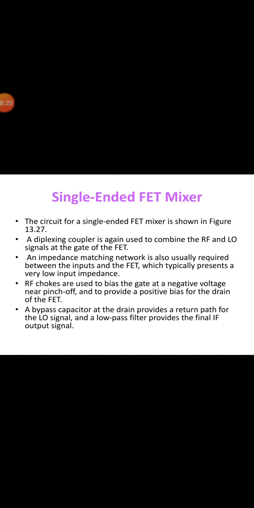The desired down conversion result is due to the n equals 1 term of the Fourier series, so we only need the G1 coefficient. Measurements physically give a value in the range of 10 mS for G1. The conversion gain of the FET mixer can then be found as GC equal to PIF available divided by PRF available.